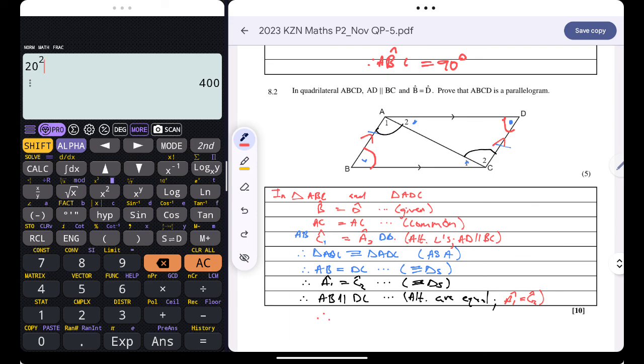I can therefore conclude that ABCD is a parallelogram. Why? Because the opposite sides of this particular quadrilateral are parallel and equal. So that's why I'm saying I have a parallelogram.